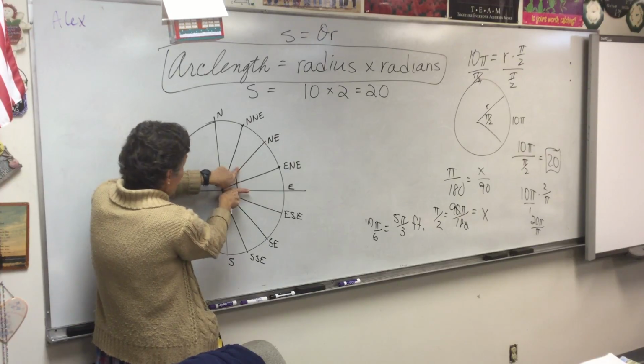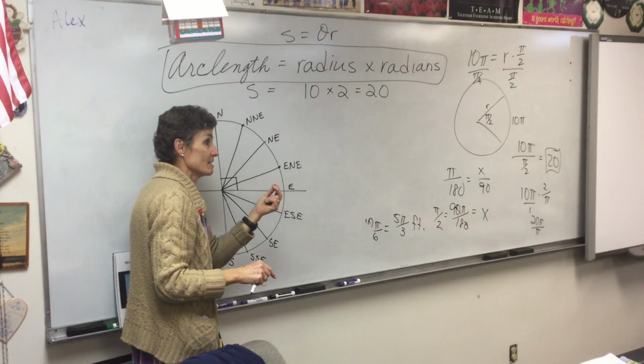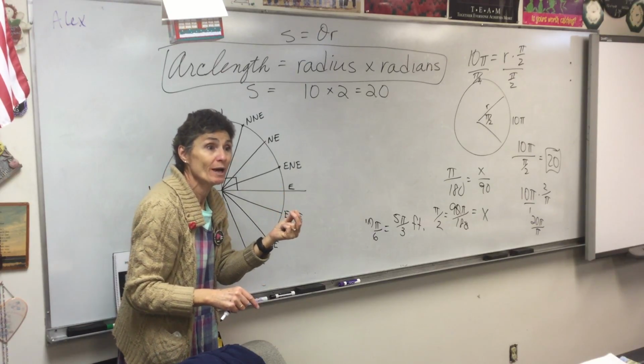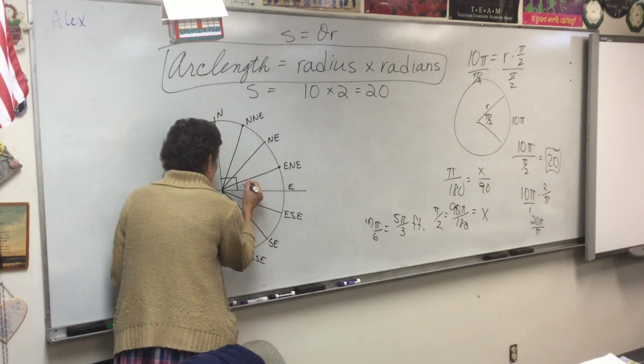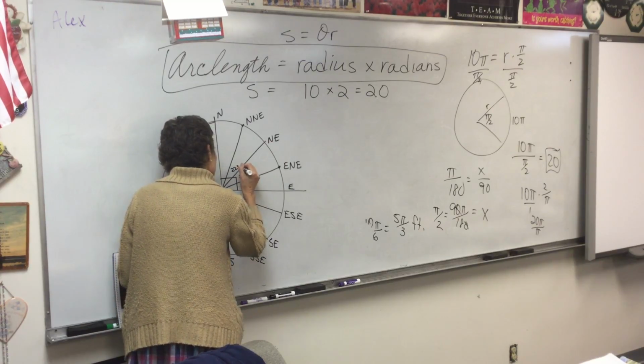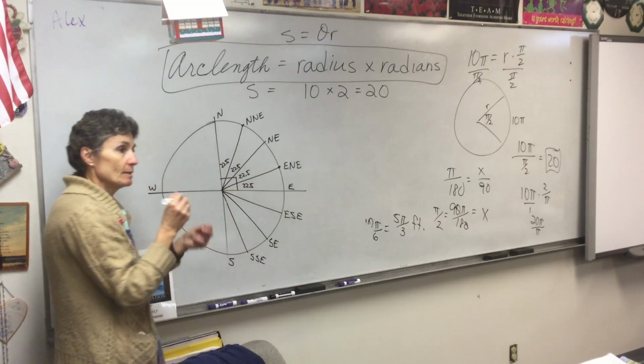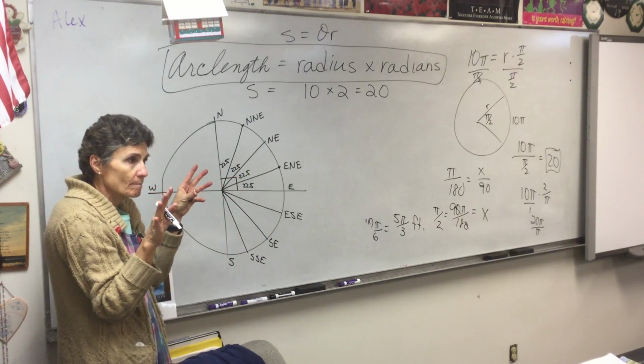Agreed? And then when you drew that one in, you split that, so it's 22 and a half. So each of these little guys are 22 and a half all the way around. Does that make sense to you?